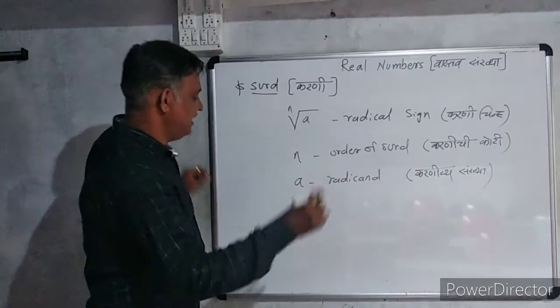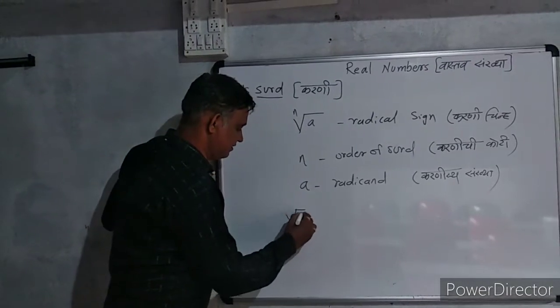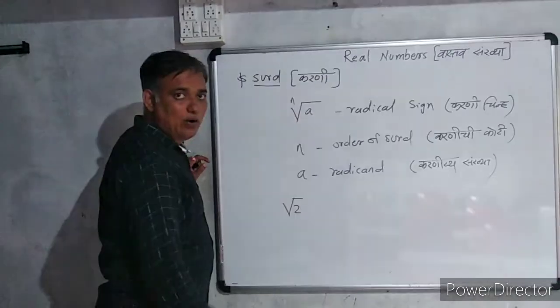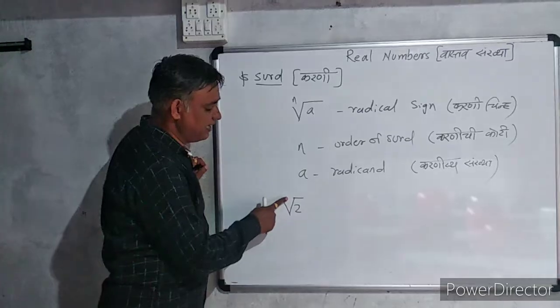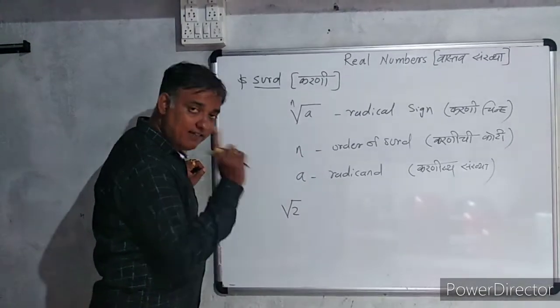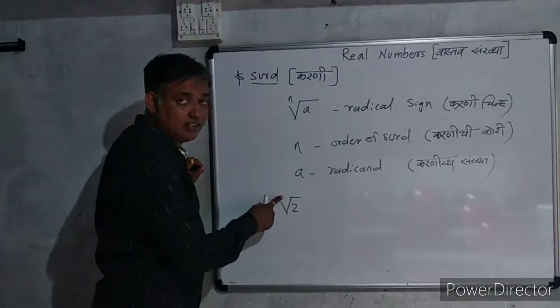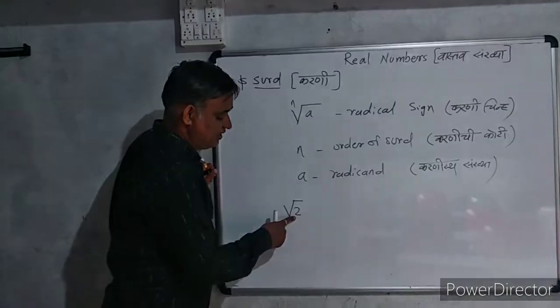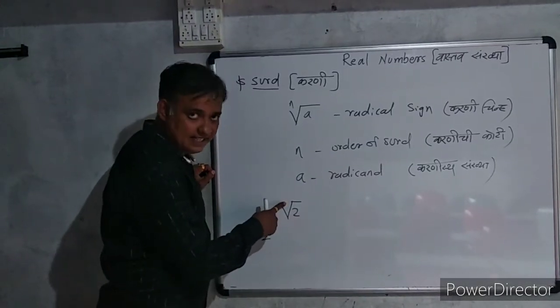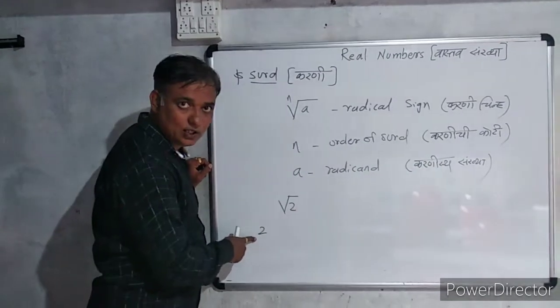Okay. If we take example, how we can read it? Radicand 2 of order. Here order is not written, and when the order is not written, it is always 2. Remember, जेव्हा करणिस्थ संख्येची कोटी लिहिलेली नसते तेव्हा ती 2 असते.